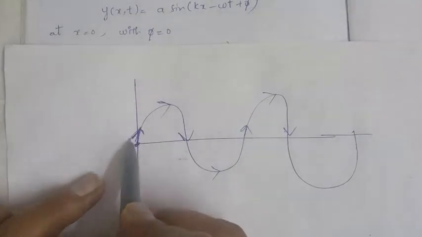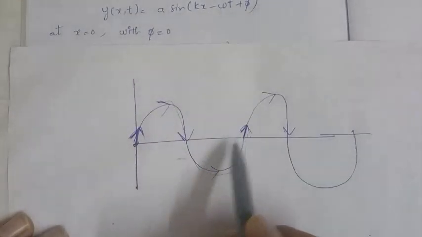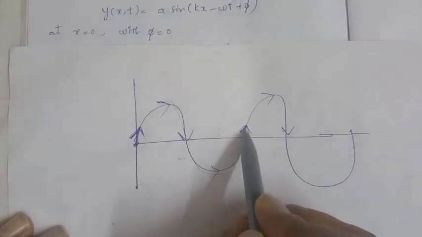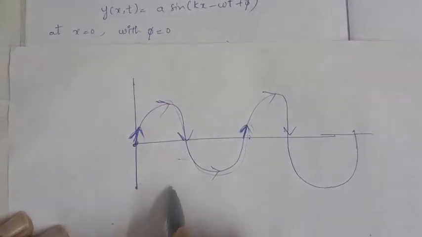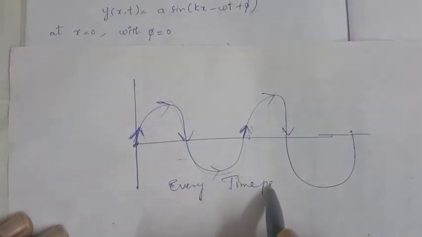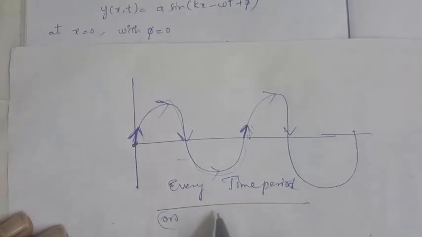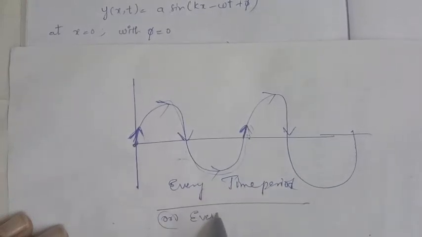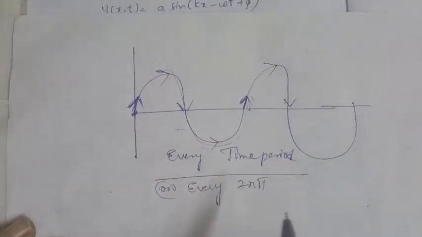Observe this point: from here to here, the time taken to complete one cycle is nothing but the time period. For every 2n pi, the sine function repeats its value.